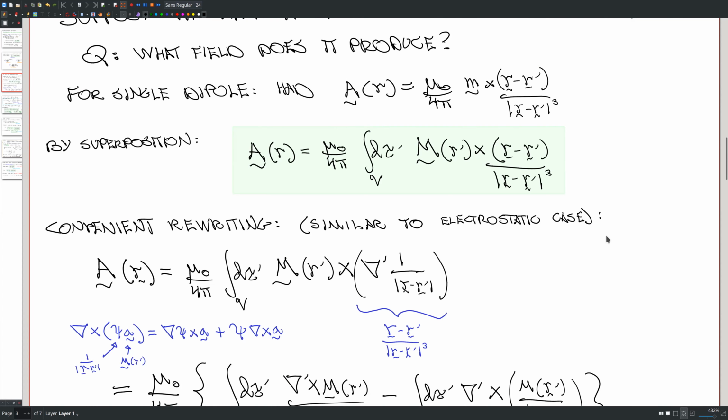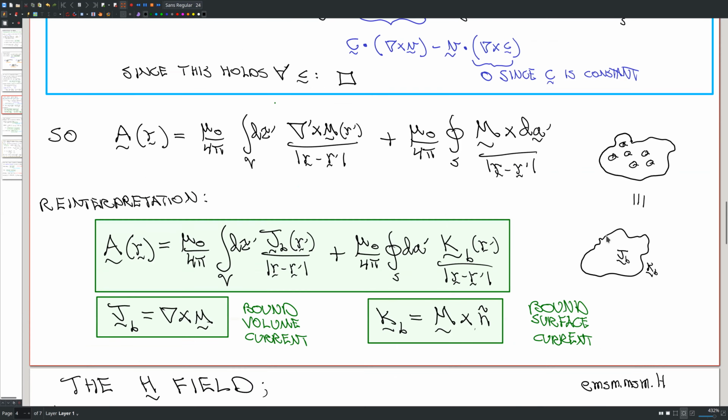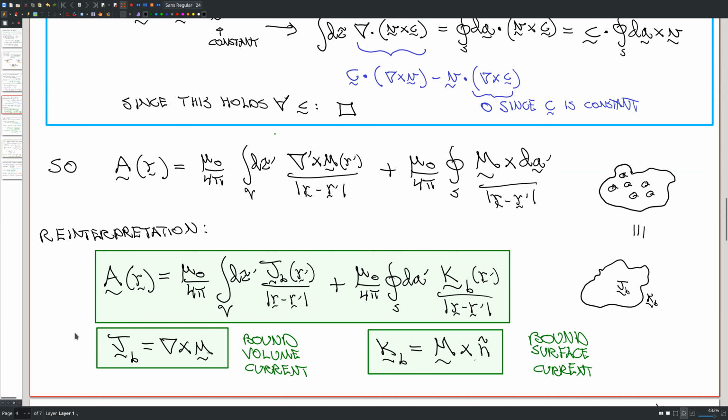Okay, so this is just exactly parallel to what we did in the electrostatic case. It's just using different objects, different notations for a certain thing. Instead of doing a scalar potential, we're now computing the vector potential for the magnetic field.